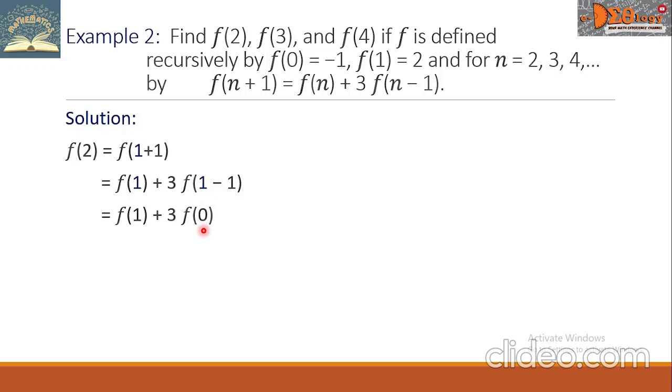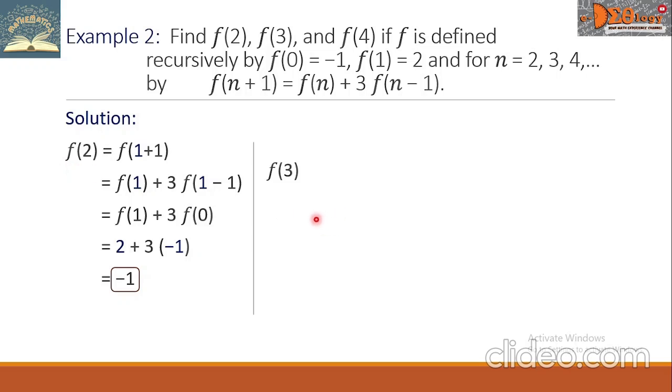Now let us substitute the corresponding values for f of 1 and f of 0 as given here. F of 1 is 2 and f of 0 is negative 1. So we have 2 plus the product of 3 and negative 1 here. So 3 times negative 1 is negative 3, plus 2, we have negative 1. This is the value of f of 2.